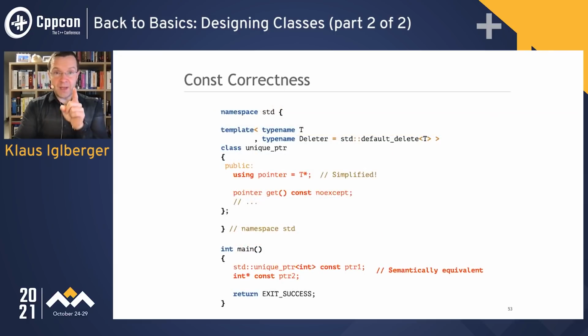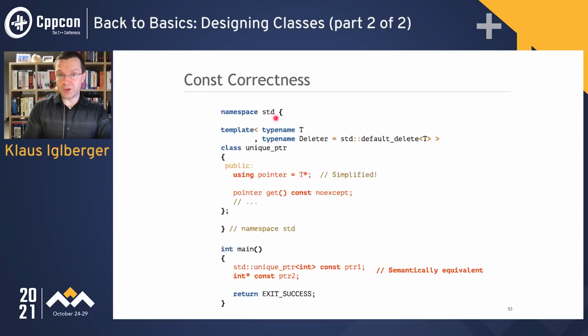But now, of course, it depends on the semantics of your class. It strongly depends. This fixed vector was a value type that, if const, should also protect its elements. But of course, there are other types where this is not true. Unique pointer is one of them.